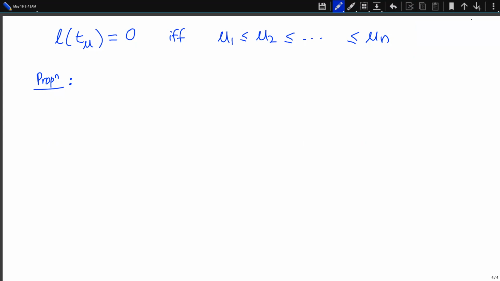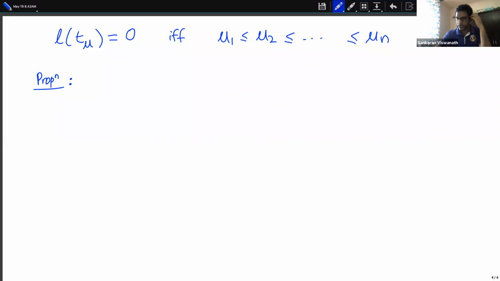No, but length 1, the n was already to the right of 1. Correct. N was already to the right of 1. Right? So I think it's okay. But n plus 1 will map to n plus 1. So n will map to 2n, and n plus 1 will map to n plus 1. So n plus 1 is an inversion. I see what you mean.